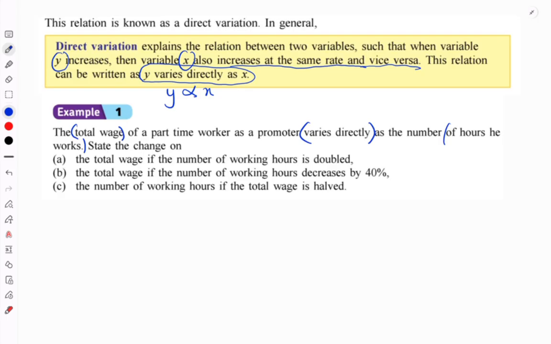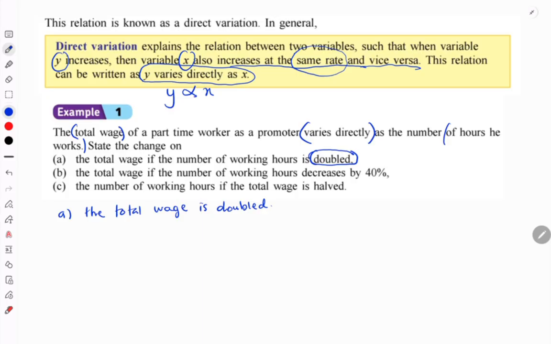But you must remember about the same rate. When the number of working hours is doubled, that means for answer A, the total wage is also doubled.